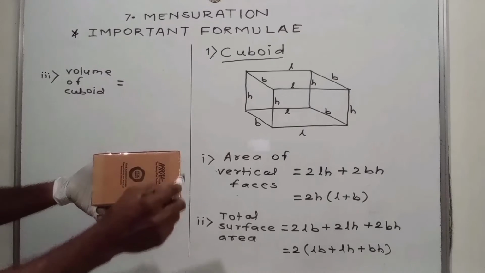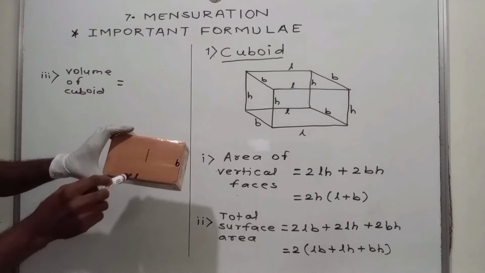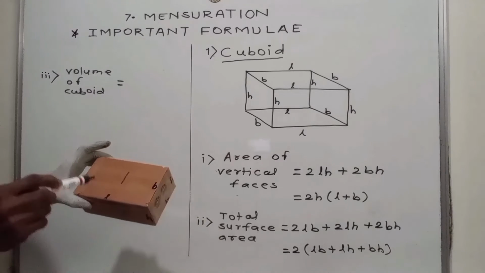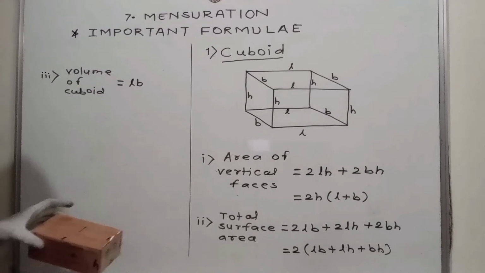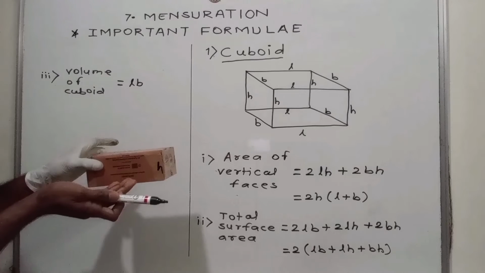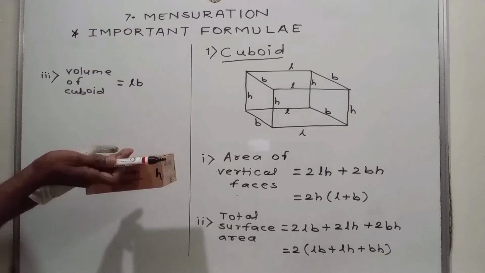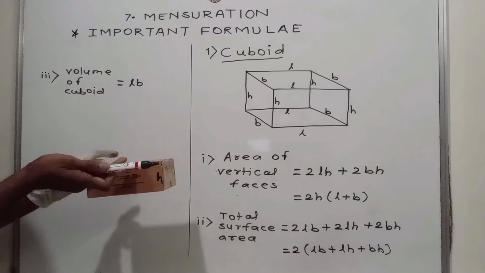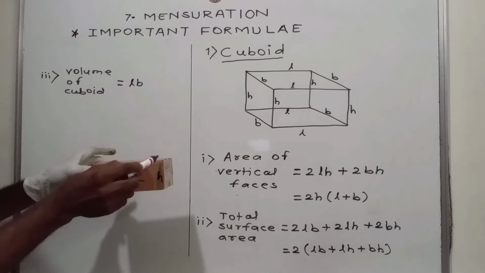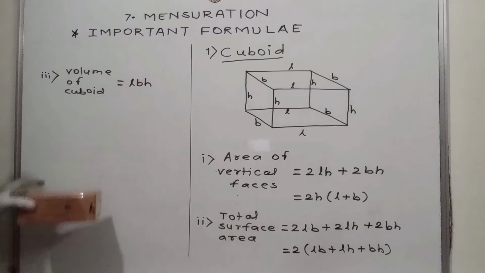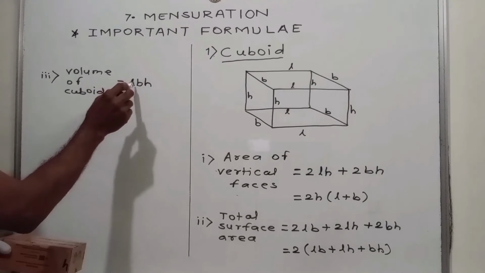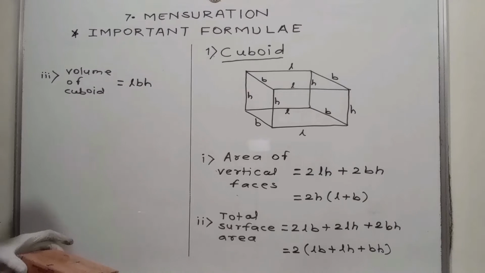Means when the base is a rectangle, then area of base is L into B. And when we add something, then the height of that particular article increases. So volume of cuboid is equal to length into breadth into height, LBH. Did you get it? These are the formulae of cuboid.